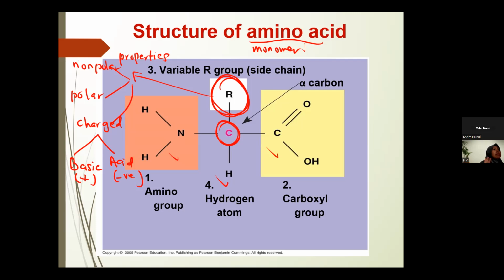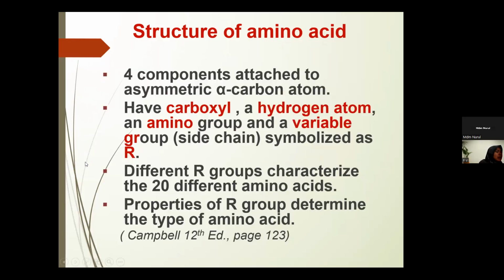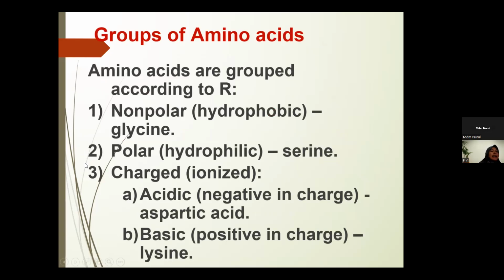This is what we have learned in the previous class. And we have looked at examples of the different classes of amino acids. Kita dah tengok contoh non-polar, polar, ionic, acidic amino acid and also basic amino acid.